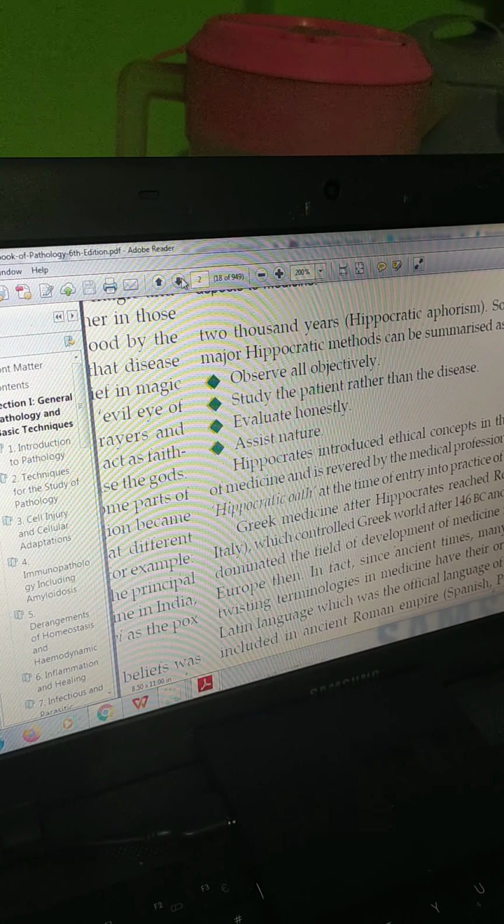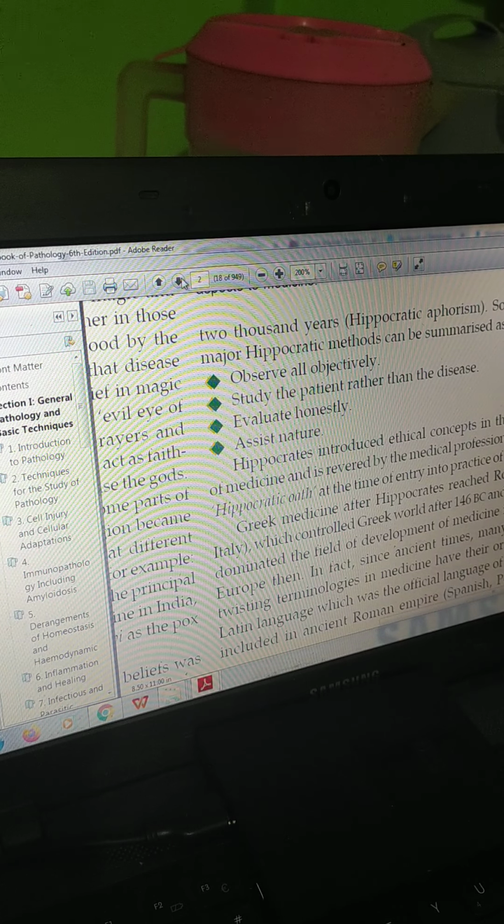Some of the major Hippocratic methods can be summarized as under: observe all, objectively study the patient rather than the disease, evaluate honestly. Hippocrates introduced ethical concept in the practice of medicine and is revered by the medical profession by taking the Hippocratic oath at the time of entry into practice of medicine.